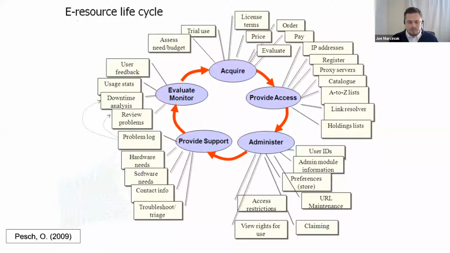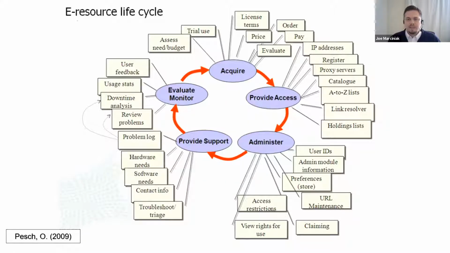The main reason is because this exists independently of the institution that you're at. I just showed three very different institutions, but the only thing that's going to change is how you get these things done. As the e-resources librarian, it's going to be your responsibility to make sure that all of these stages are carried out. There are only five stages, but each one has many, many sub-stages to it.